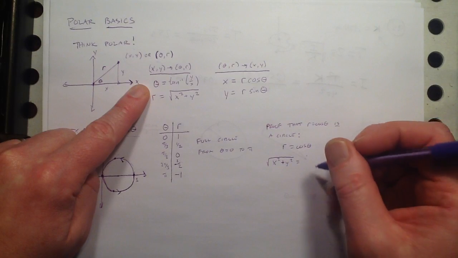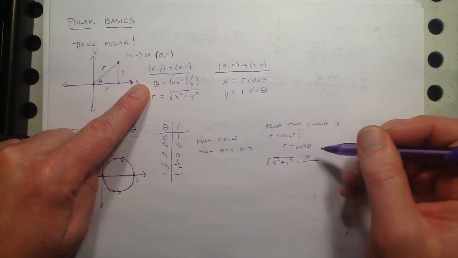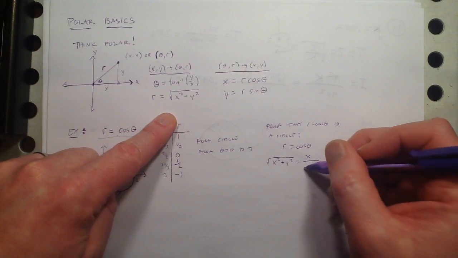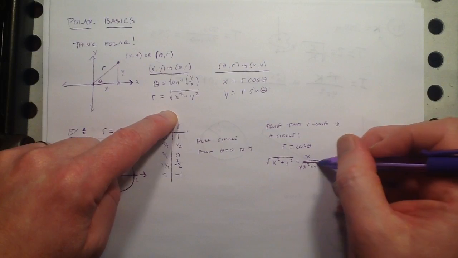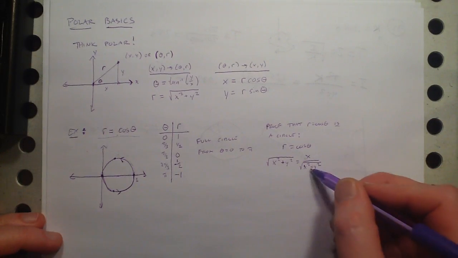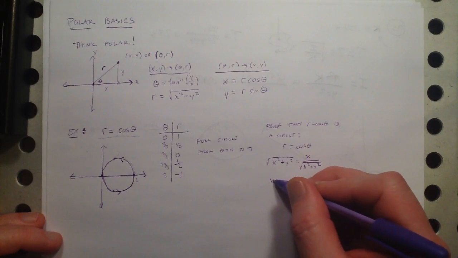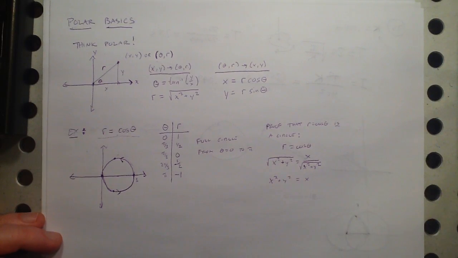So I have to do x over r, but r is the square root of x squared plus y squared. That's a little messy, so cross multiply there. The two square roots will cancel each other out. So x squared plus y squared equals x.